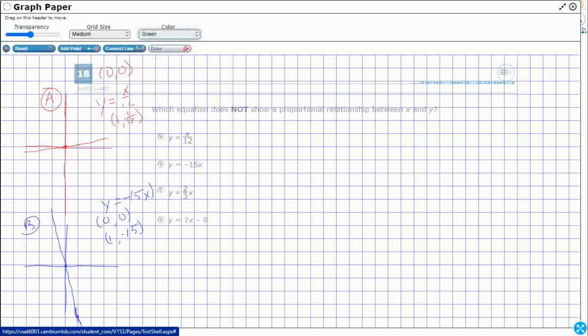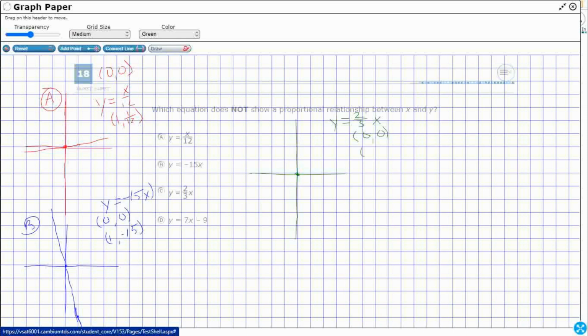Let's see what happens if I do C right here. My C is y equals 2/3 x. And if x is 0, then y is going to be 0 once again. Looks like we're going through the origin again.